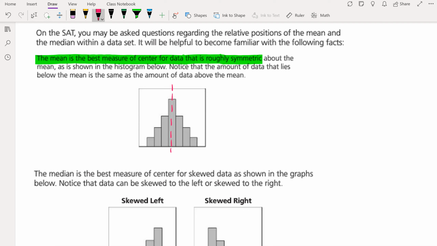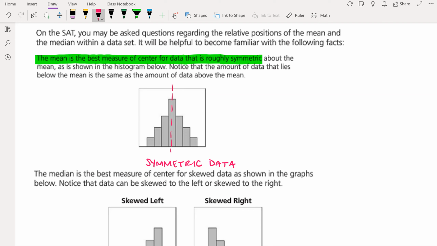If that was a mirror and this was one side, this would be the other side of the mirror, right? Because it matches exactly on each side. So this is considered symmetric data. And it would be useful to have a picture of this in your notes. So I would go ahead and draw the symmetric data in your notes.